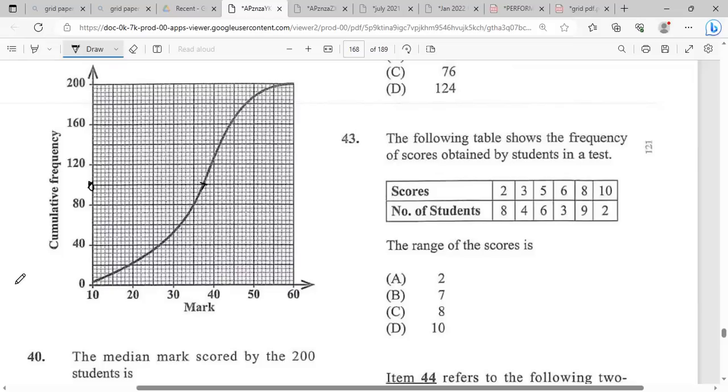So 3/4 of 200 is 150, and 1/4 is 50. We take off the reading, and then we take off the quarter reading. So anyway, guys, it worked out to 12.5.